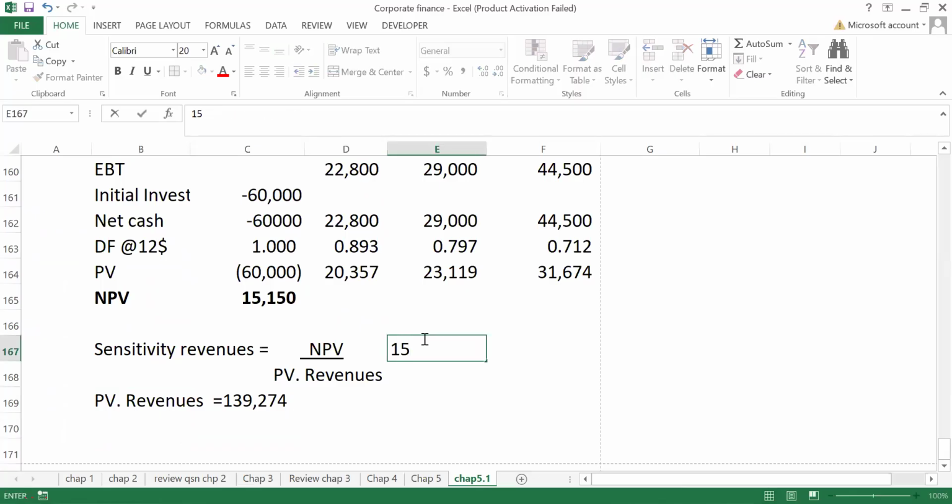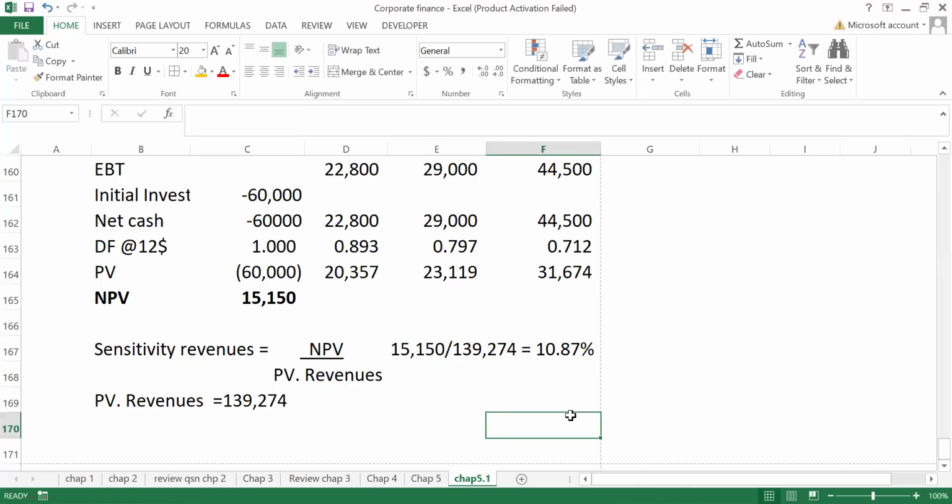It will be 15,150 divided by 139,274. So what is the sensitivity now? It's 10.87%.